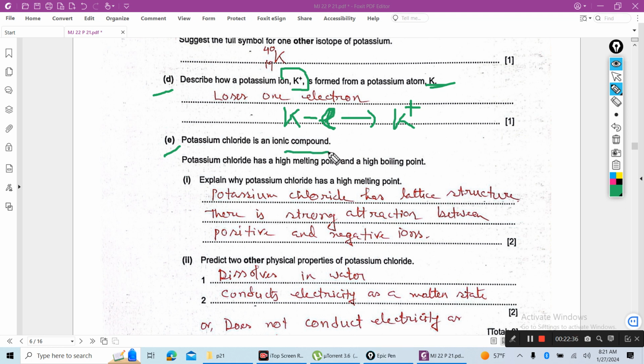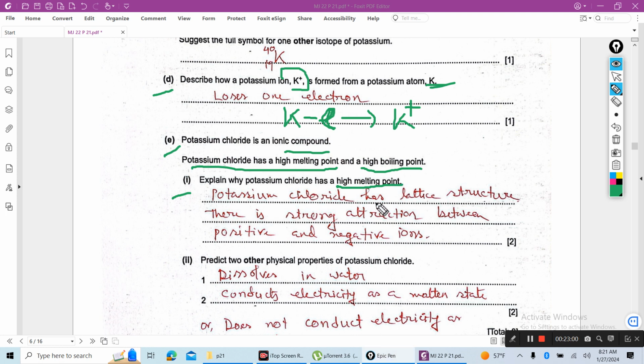Potassium chloride is an ionic compound. You know, metal and non-metal form an ionic compound. Potassium chloride has a high melting point and high boiling point. You know, ionic compounds have high melting and boiling points. Number 1, explain why potassium chloride has a high melting point.